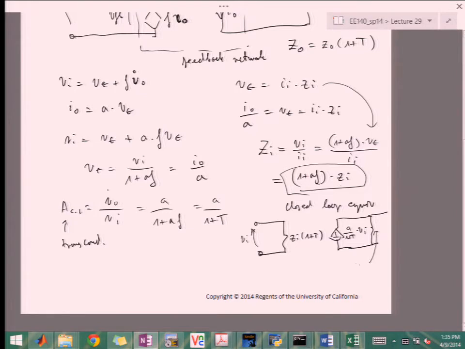And this one is going to be 0 times 1 plus T. So this whole thing will be essentially turning VI into IO, which is transimpedance.